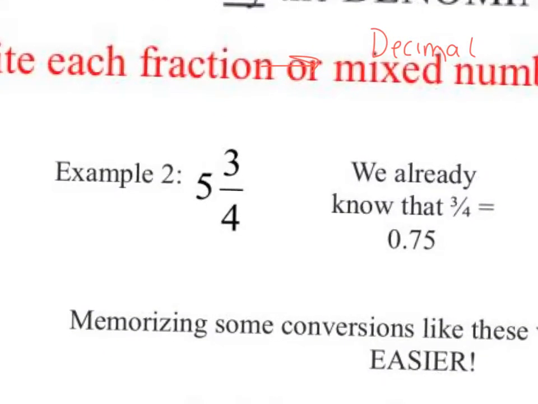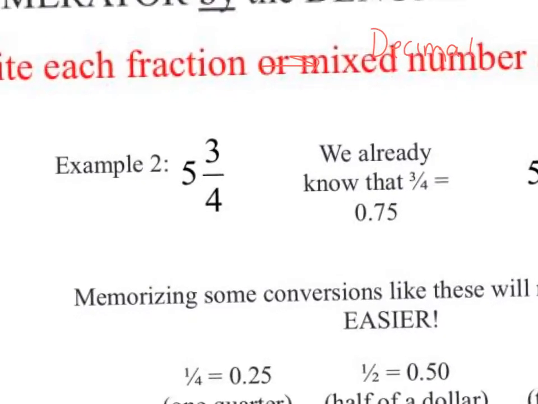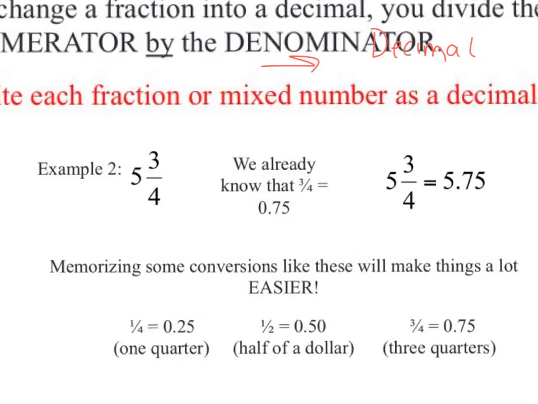And a couple of you were like, oh, I already know that 3/4 is literally 0.75. So if you're being asked to change 5 and 3/4, it's basically 5.75.